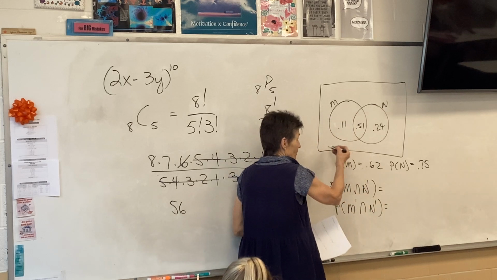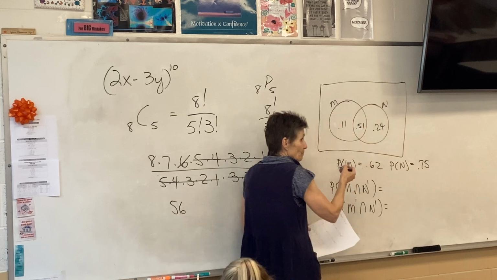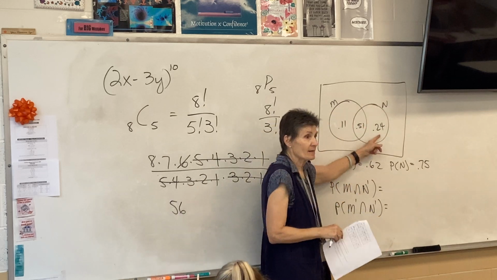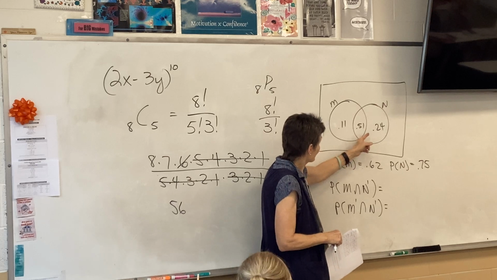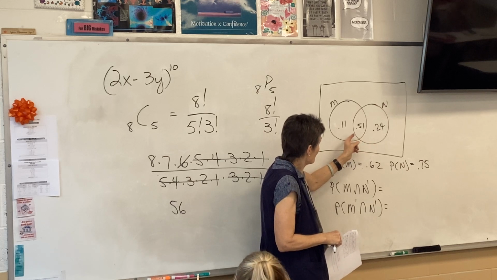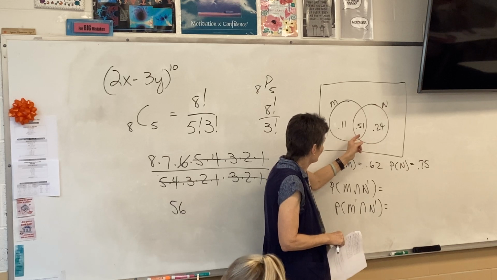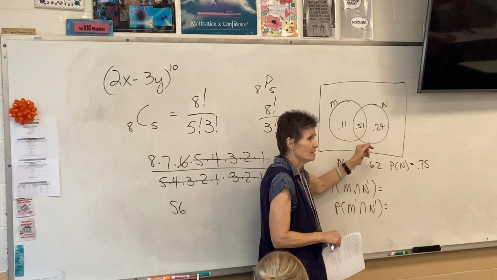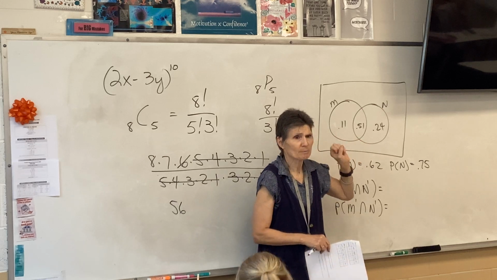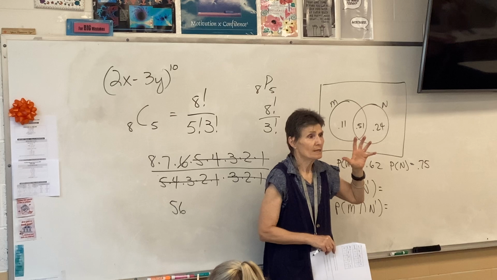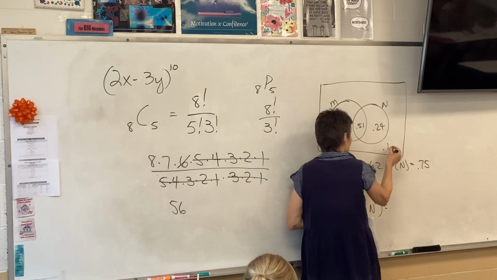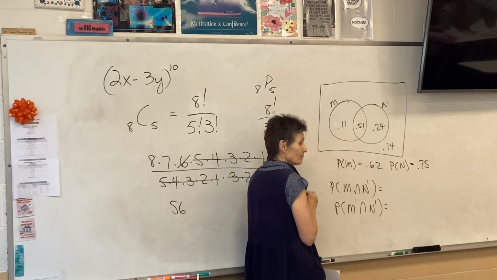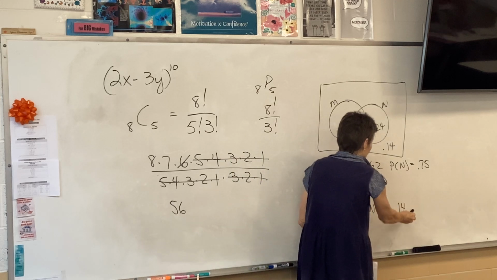Neither's out here. These are the neithers. So I got to add all these up. What do all these add up to? 0.86. What are they supposed to add up to? 100. So if it only adds up to 86 and it's supposed to be 100, there must be 14 out here.